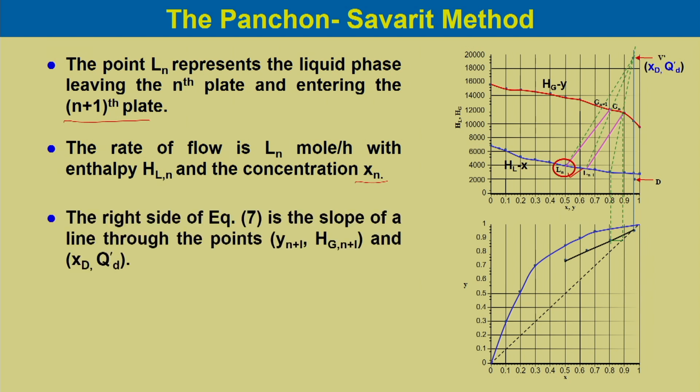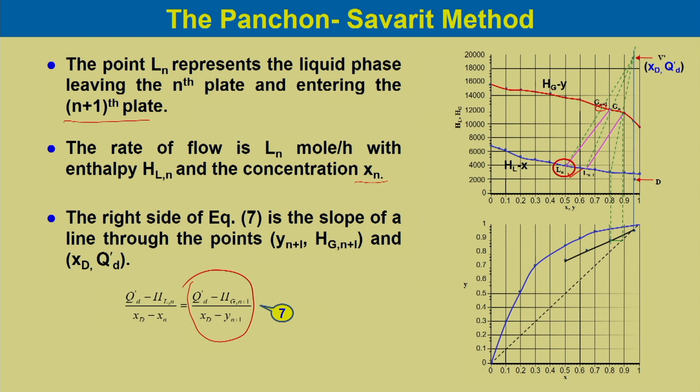The right side of equation 7, that is (Qd dash minus Hgn plus 1) divided by (Xd minus Yn plus 1), is the slope of the line through the points Yn plus 1, Hgn plus 1, which is over here at this location, that is Gn plus 1, having enthalpy Hgn plus 1.